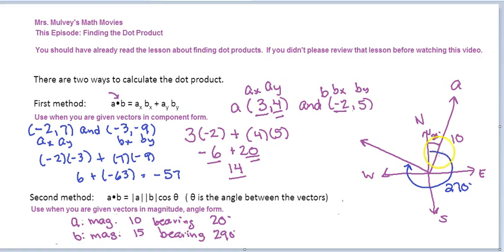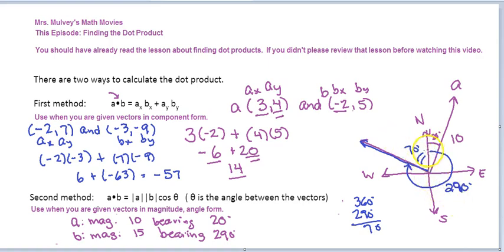So this angle from due north all the way over to here is a measure of 290 degrees. That leaves me right in here with a measure of, so remember, full circle is 360 degrees. I've used up 290 degrees. That leaves me with 70 degrees for this angle.